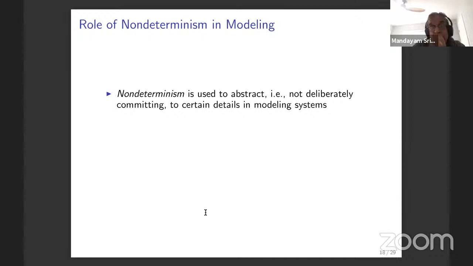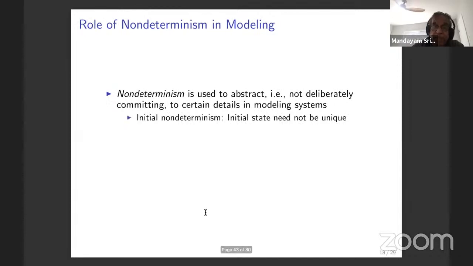This notion of non-determinism is very crucial in our modeling formalism, because it can be used not only to model the environment, but also to throw away certain irrelevant details.